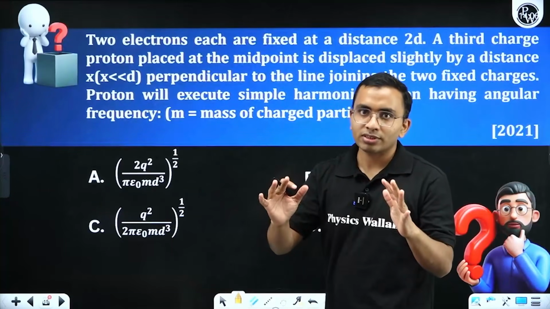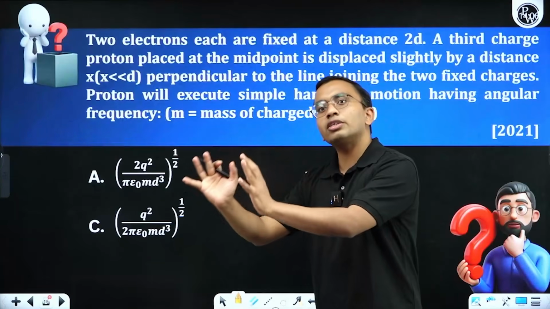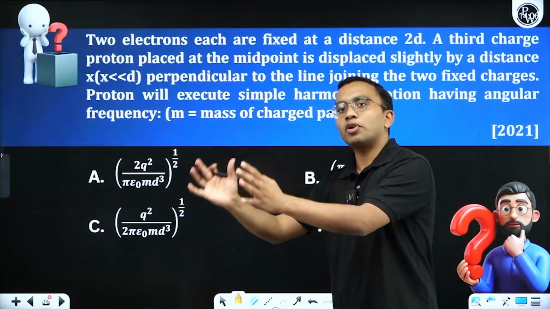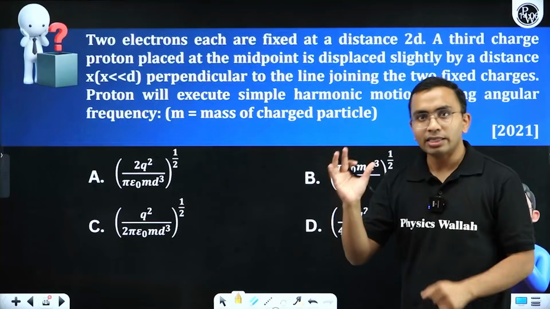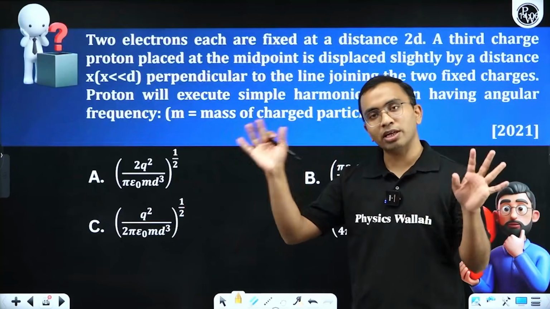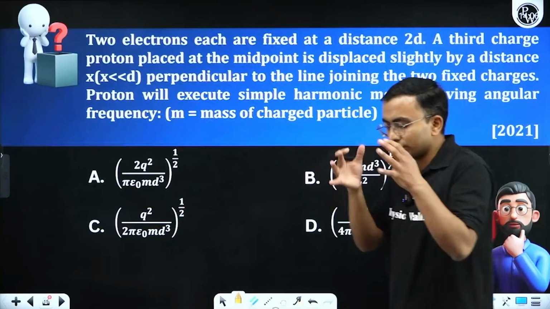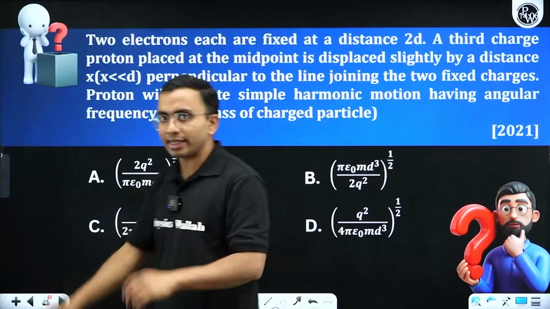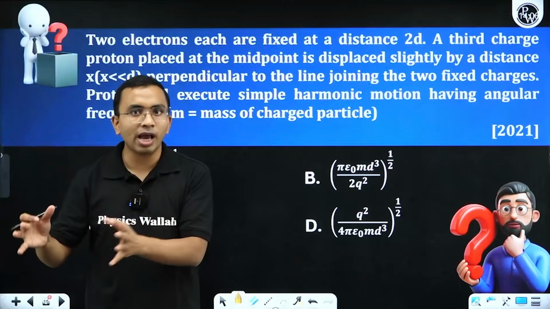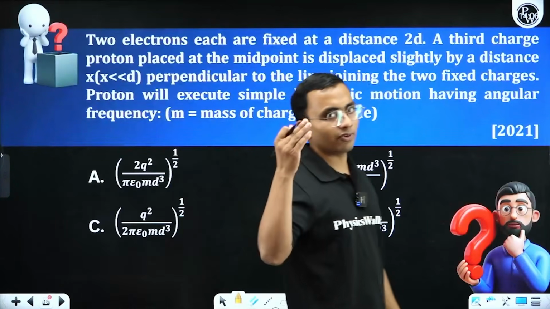Whatever the force is becomes my restoring force. That restoring force I'll equate with mass into acceleration, and from there I'll find the acceleration. Acceleration is equal to omega squared x for simple harmonic motion, with a negative sign also there. From there I'll find omega, because the force will be in terms of kx, so that x gets cancelled. Then the time period is 2 pi by omega. Simple, straightforward, easy.